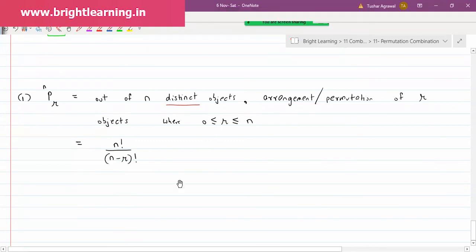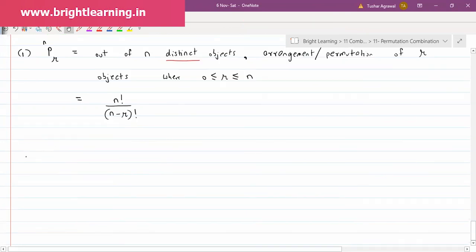And the second question that we will be studying tomorrow is NCR. C for combination.